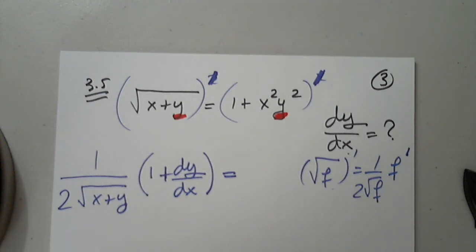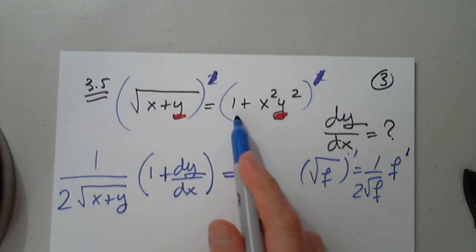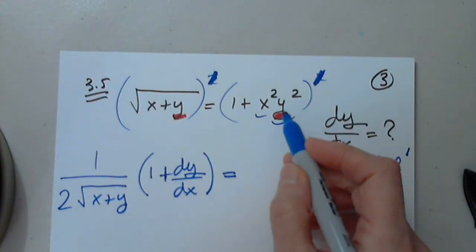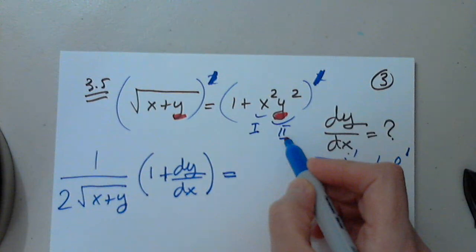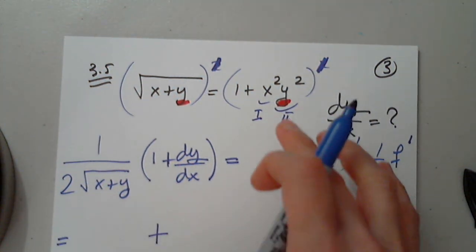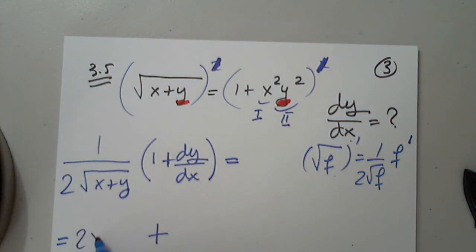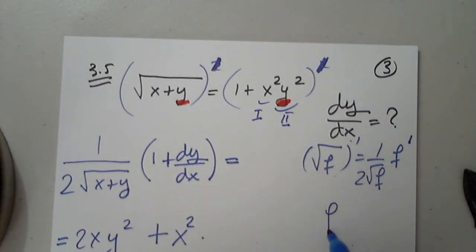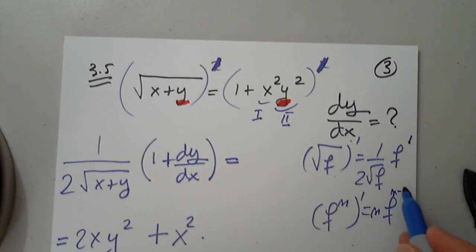Yes, everything is fine. So then I differentiate 1, I get 0. This is a product. Function 1, function 2. When I differentiate a product, I have to have two quantities. I differentiate the first times the second, plus I keep the first times the derivative of the second. I'm differentiating a function to a power: function to the n, n times f to the n minus 1 times f prime.